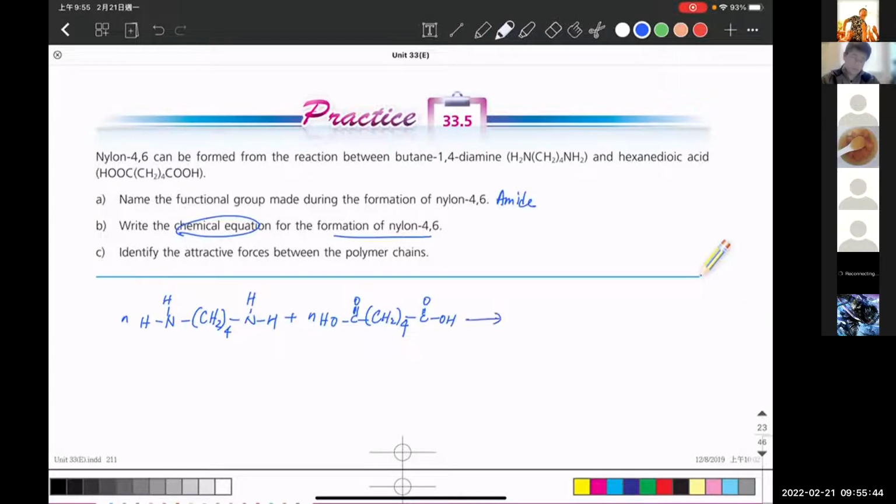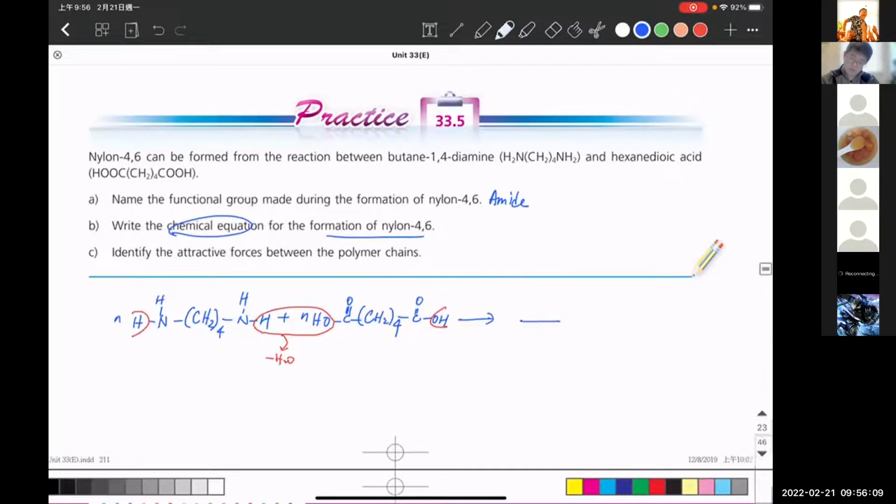And then altogether, we get the amide linkage. As I said before, something will be eliminated. That is water. So similarly, this one we will get rid of finally. So what you need to do is to draw the whole structure like this.